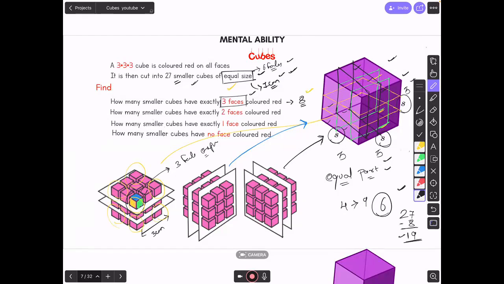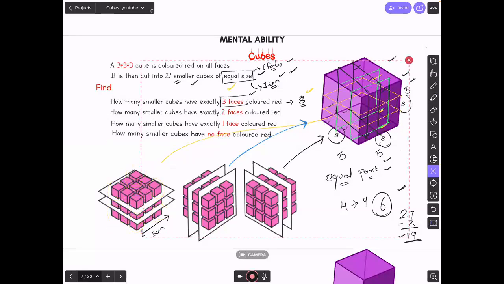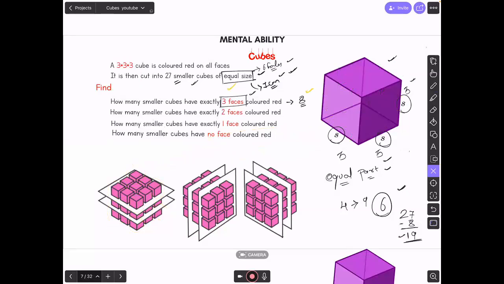Now with this remaining 19, I ask you the question. Out of the remaining 19, how many are there which are having 2 faces colored red? Think on this now. Where will you find 2 faces colored red? Like 3 faces you got it at the corner. Okay, so 2 faces कहाँ मिल रहा है?